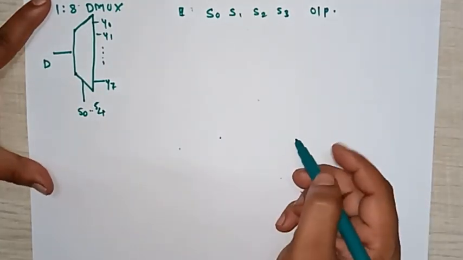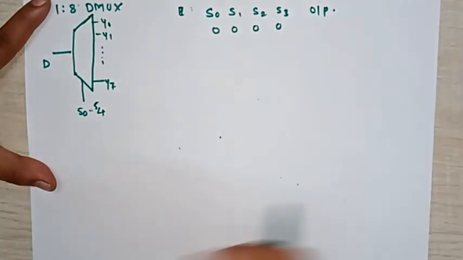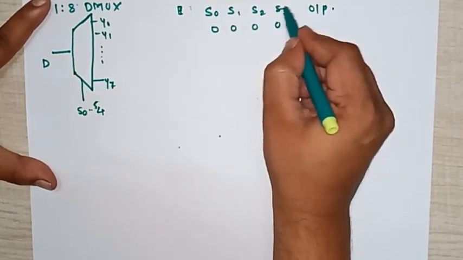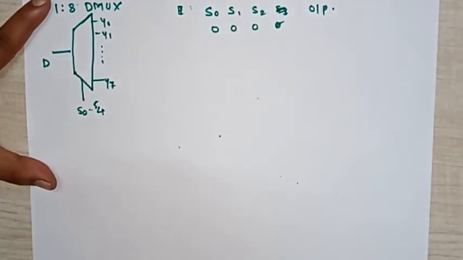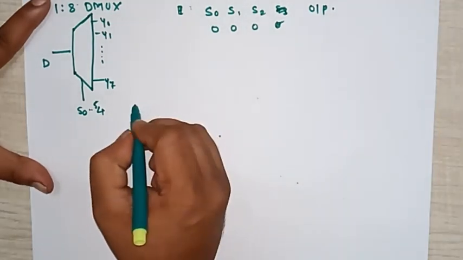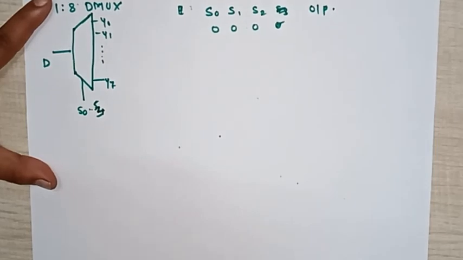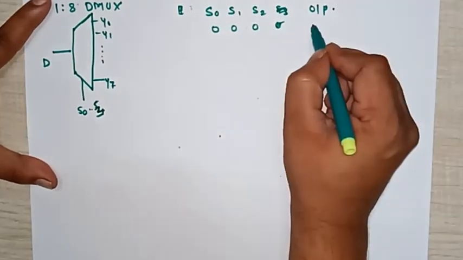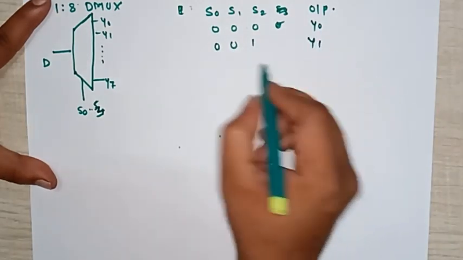For the 1:8 demux we require only 3 select lines, because 2 raised to 3 is equal to 8. For 0 0 0, the output is Y0. For 0 0 1, output Y1.